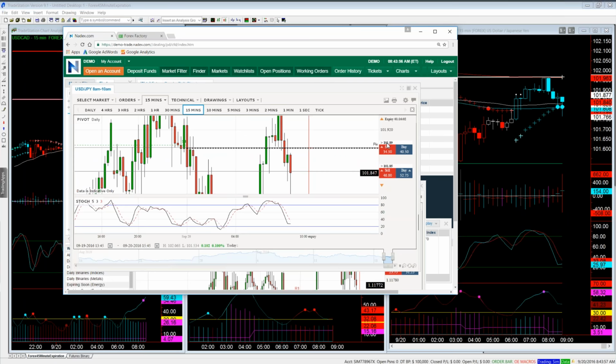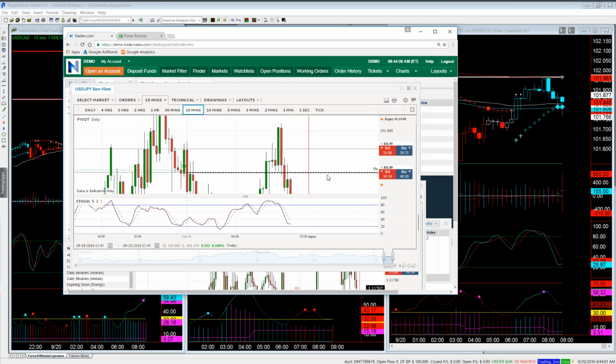See, now we can get the 101.89 for 40. We could go out here to 101.93. Now this is going to include the market opening at 9:30, which is very volatile.